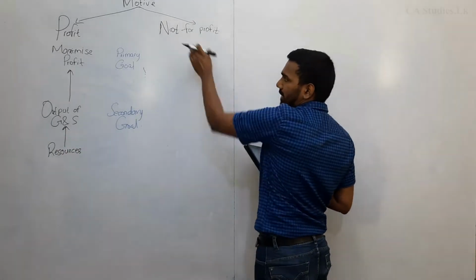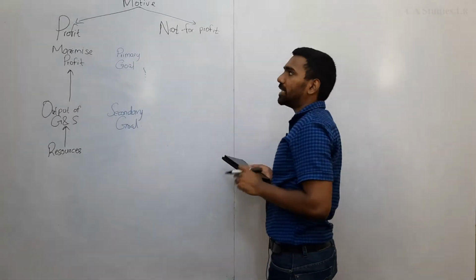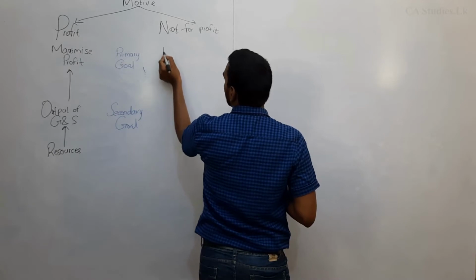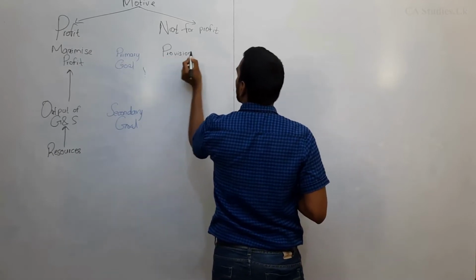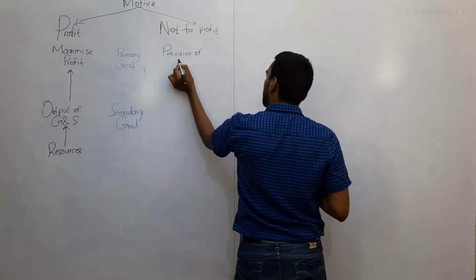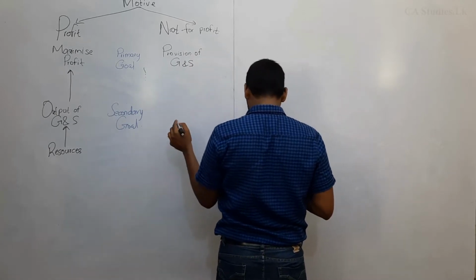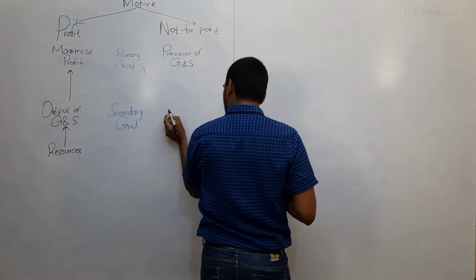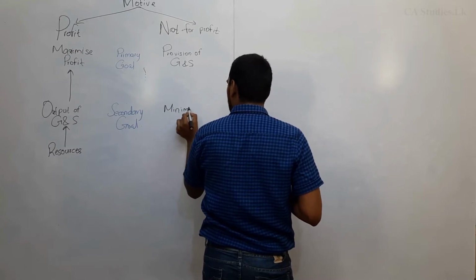Whereas in an organization which is aiming for not-for-profit, the primary objective would be the provision of goods and services, and their secondary goal or objective will be to minimize the cost.